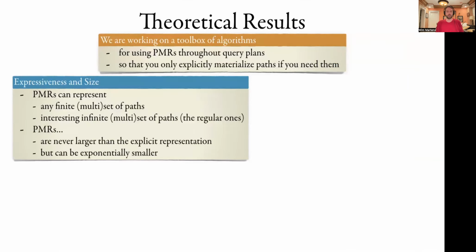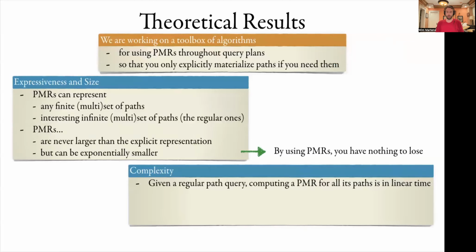They are never larger than the explicit list of paths that you're going to get as results of a query, but they can be exponentially smaller. And if they represent something infinite, they can even be infinitely smaller. This means that in terms of size complexity, you have nothing to lose by using PMRs. You never get larger.